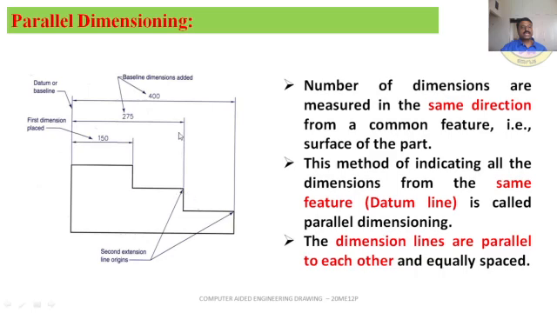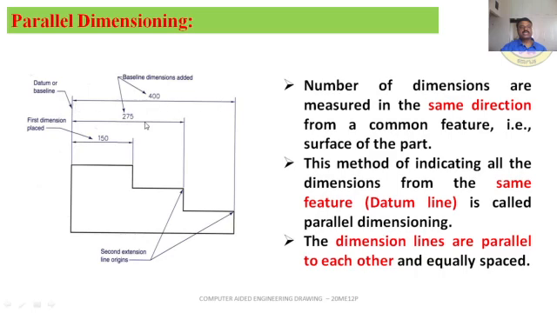Then this is the second extension line made parallel to this. You have to draw the dimension line, leave 10 mm, next 8. Next from this datum only you have to measure or show the cumulative distance.